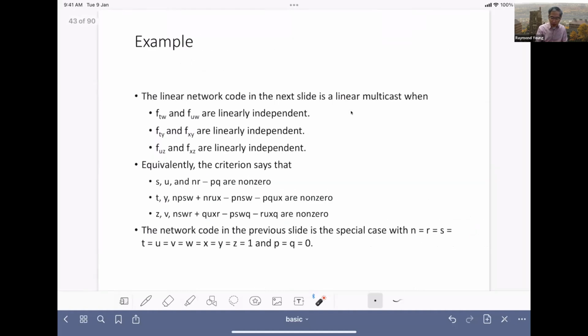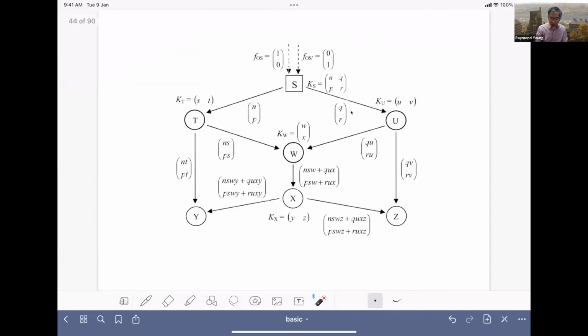Okay, now coming back to this example here, with all the local encoding coefficients being indeterminates. So the problem that we are facing is the following. Now in this network, there are 3 nodes that have max flow equal to 2. So this node has max flow equal to 2 because there's one path here and another path here, right?